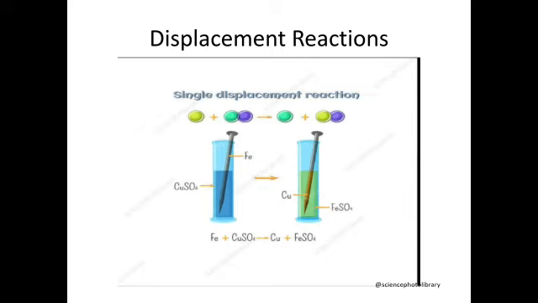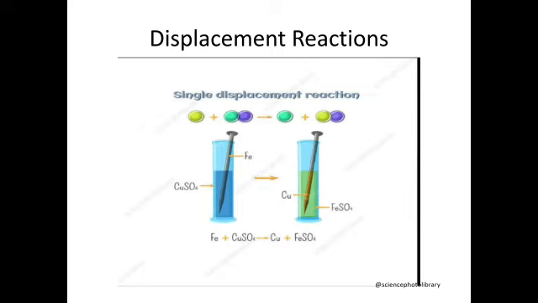Now we come to what a displacement reaction is. A displacement reaction is nothing but an element with high reactivity replacing or displacing another element with lower reactivity from a solution or a compound. Here we can see copper sulfate, that is CuSO4.